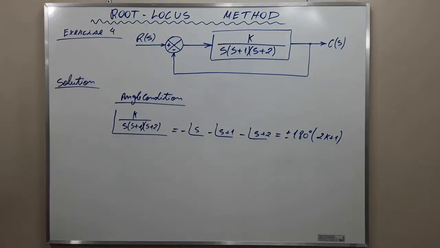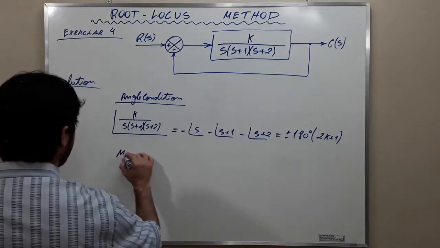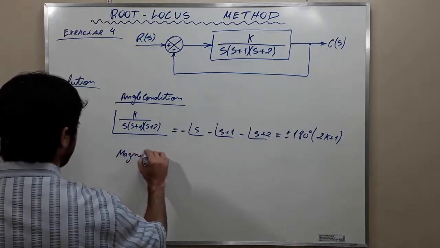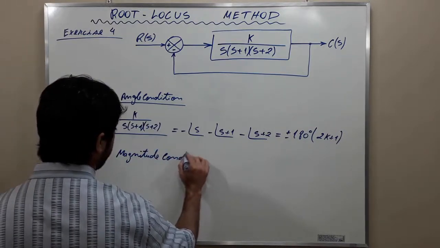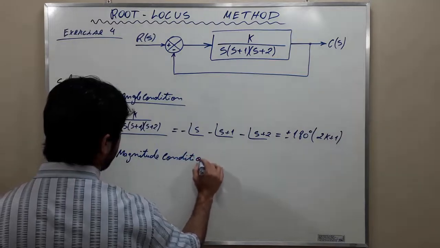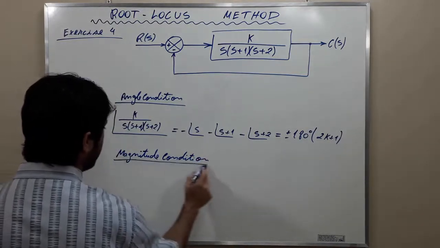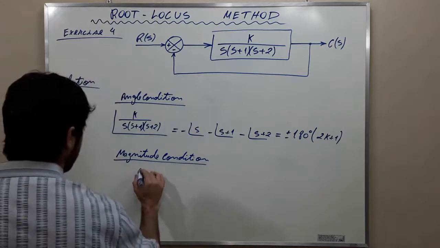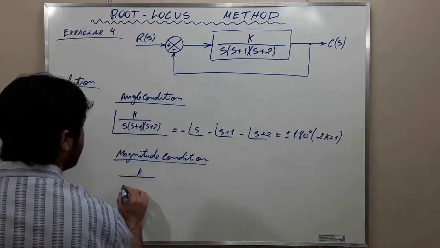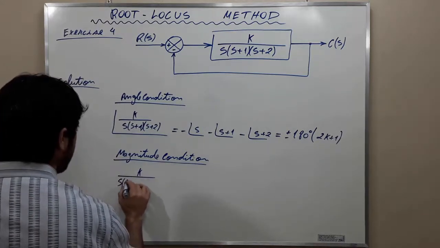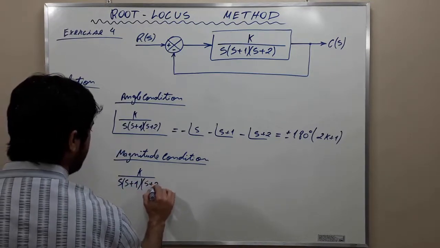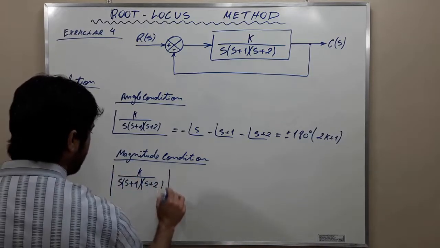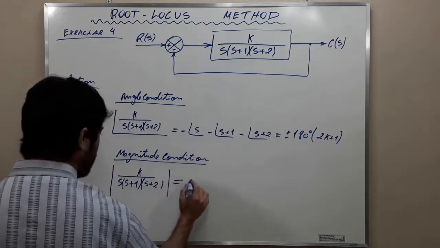Now let's go to the magnitude condition. The magnitude condition is that the magnitude of k over s(s plus 1)(s plus 2) has to be equal to 1.